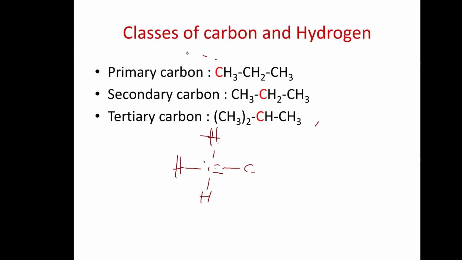That is why it's called primary carbon. If you look at this carbon, it is directly bound to this carbon and this carbon, so that is why it is secondary. And for the tertiary carbon, this carbon here is directly bound to three different carbons, and that is why it is called tertiary carbon.